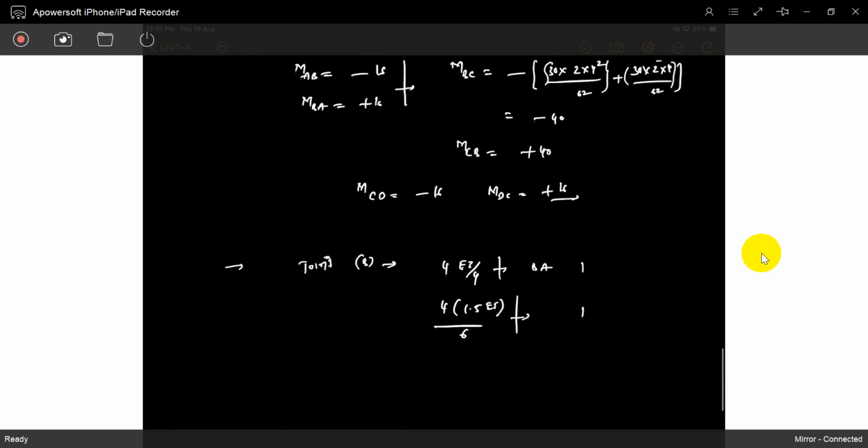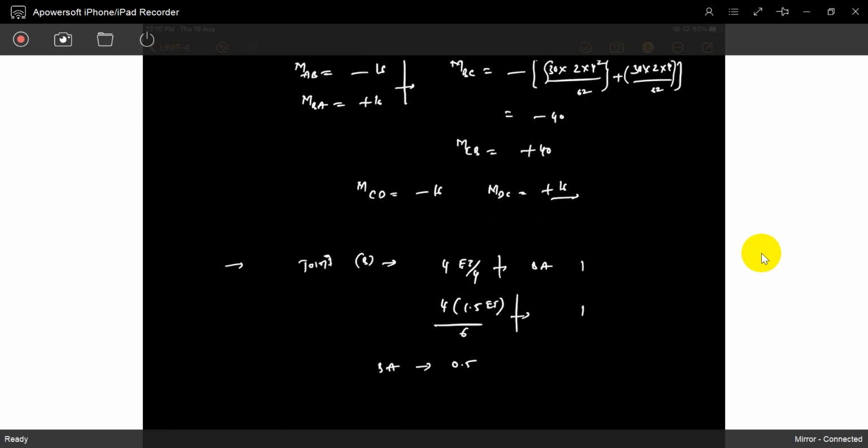So distribution factors are BA 0.5, BC 0.5. Equally distributed because their stiffnesses are equally proportional. 50% goes to this, 50% goes to that, because both have the same stiffness.